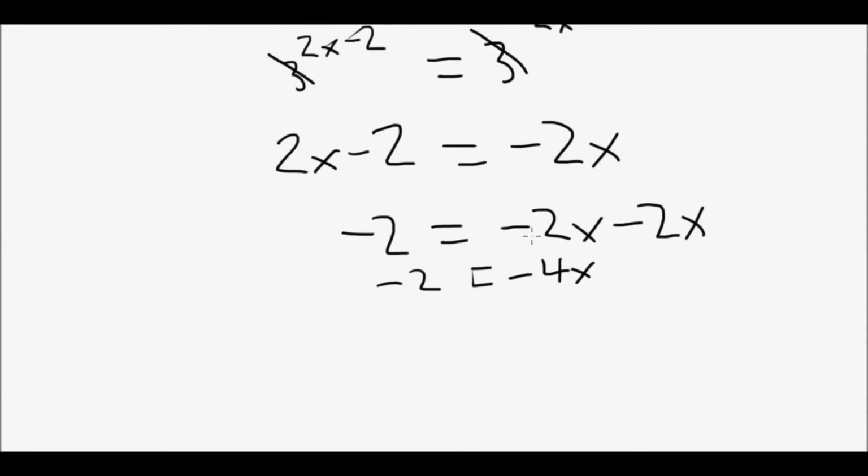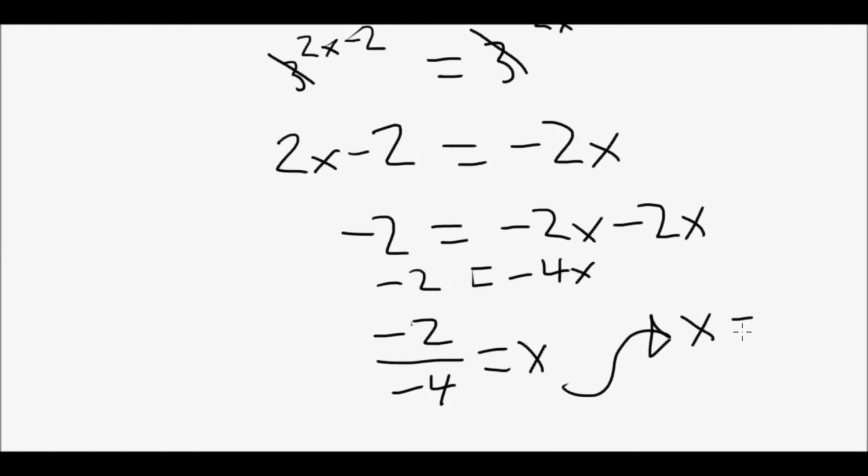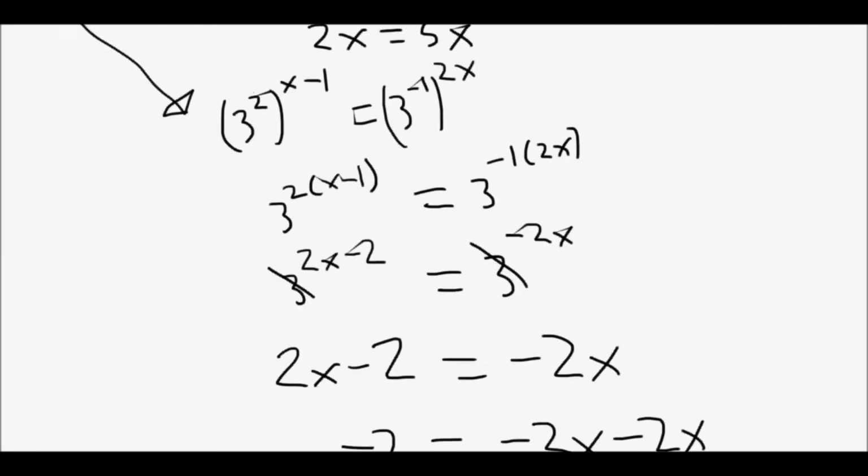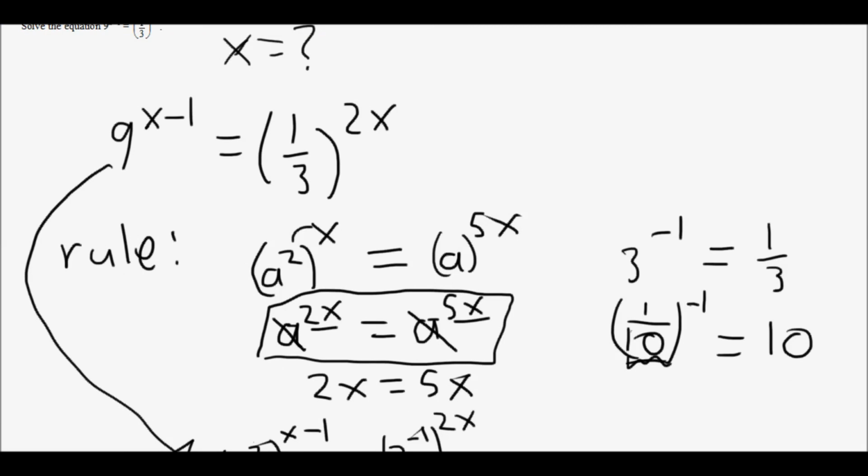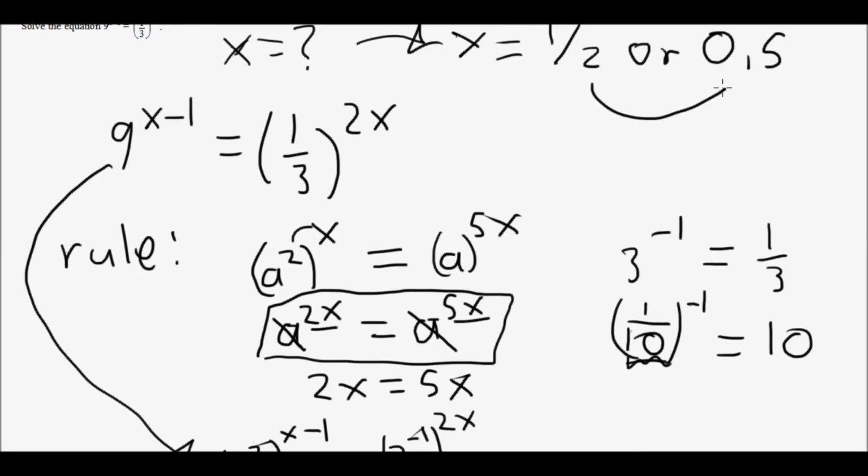And then we will go negative 2 over negative 4, which equals x, and this concludes to x being equivalent to 1 over 2. And that's our answer for this equation. X is equal to 1 over 2 or 0.5, because they're the same thing.